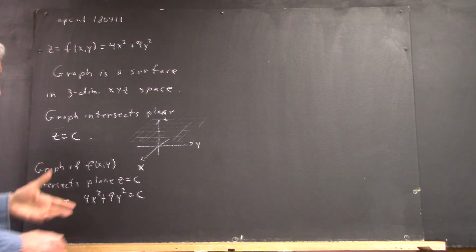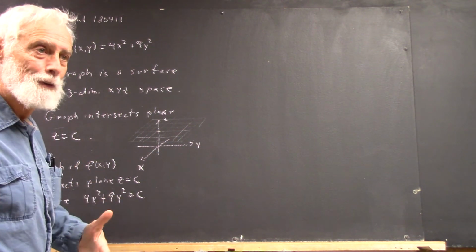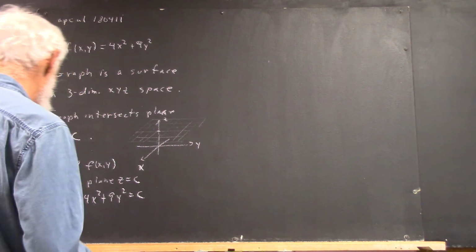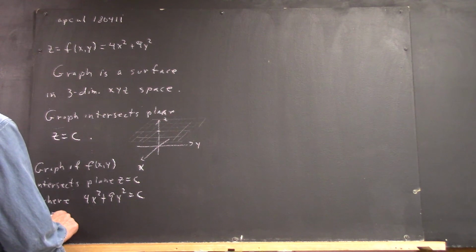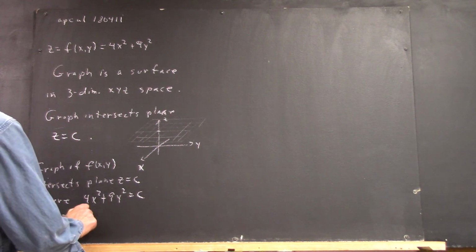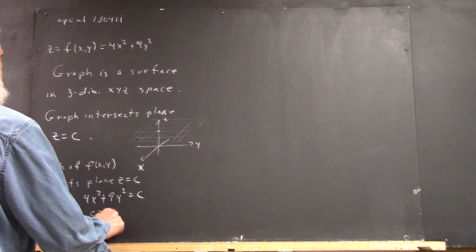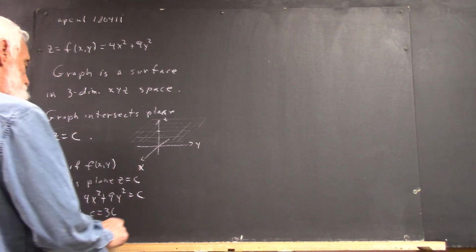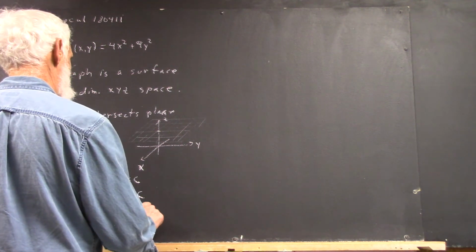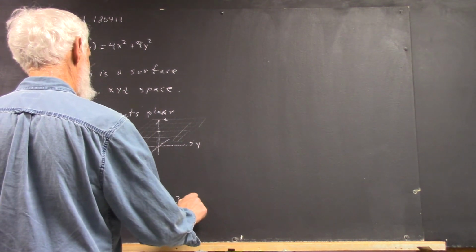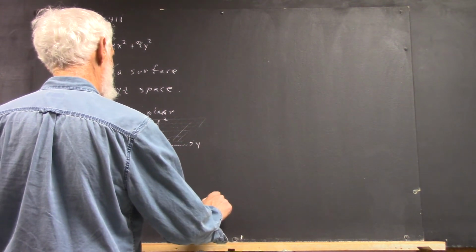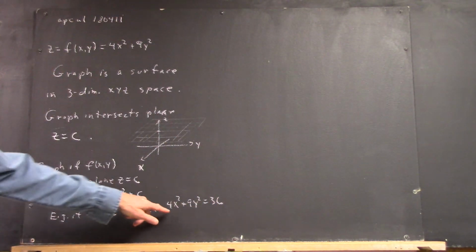So let's just do an example. Take an easy number for C, okay? So if C is 36, we get this.